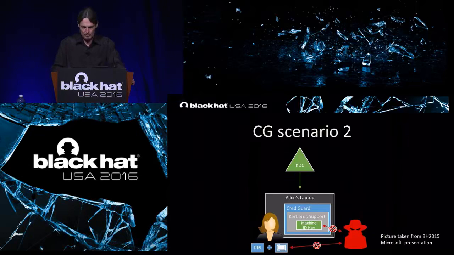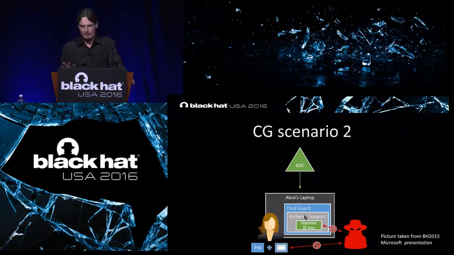So how is it supposed to work? In this configuration, there's another key named machine key, right? This key is specific for a given machine, and it's available only to Credential Guard, only to this VTL1 protected VM. And the responses from the KDC that carry authentication material like hashes or tickets are encrypted with this machine key.